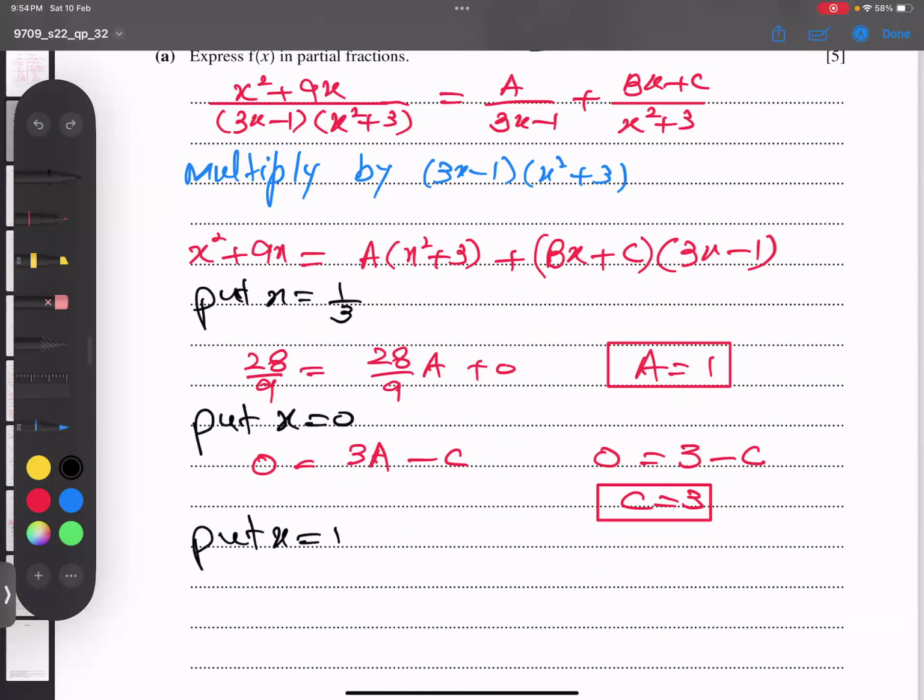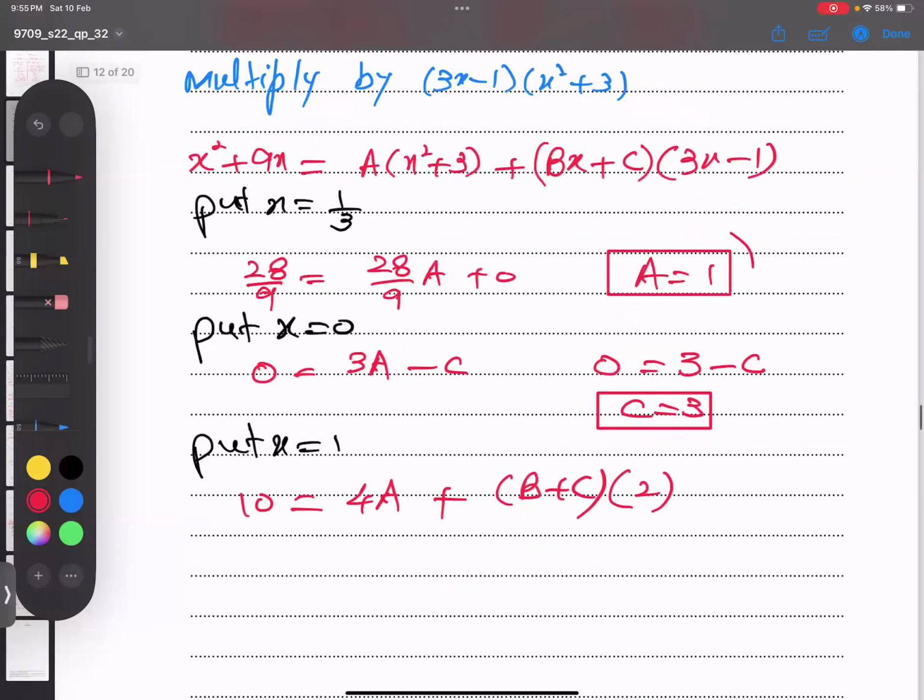When I plug in 1 here, I get 1 plus 9, it becomes 10. When I plug in here, I get 10. 1 squared, 1 plus 3 becomes 4A. And when I plug in 1 here, I get B plus C. When I plug in 1 here, I get 2 here.